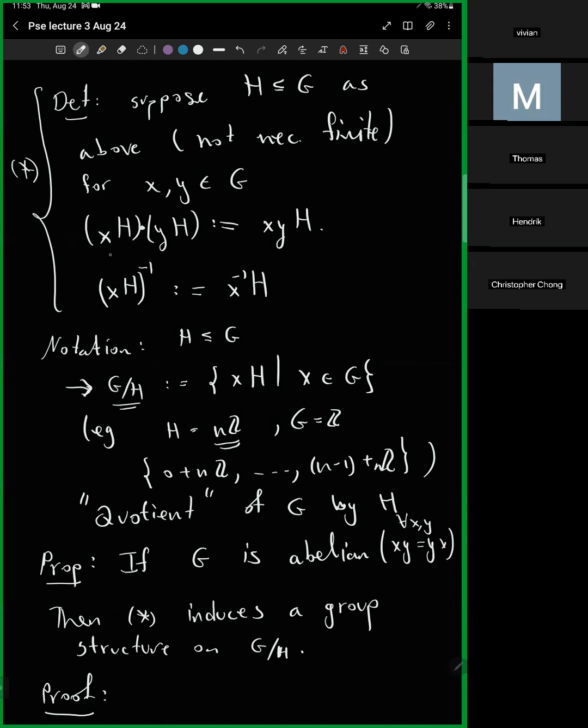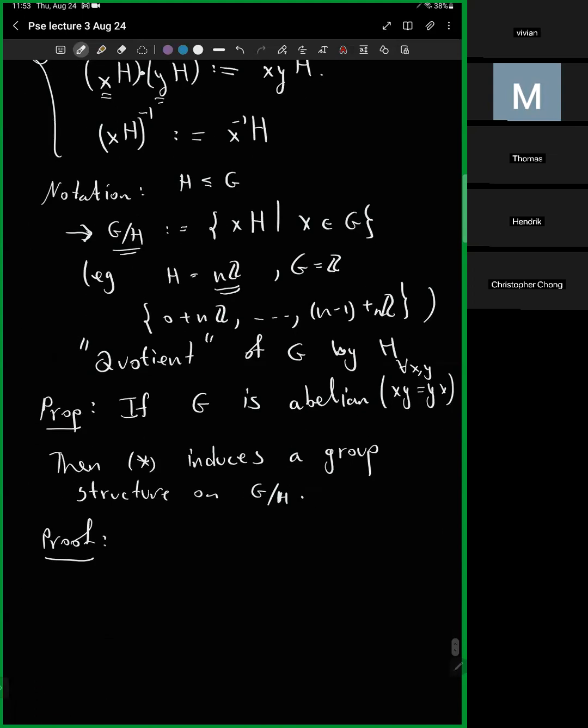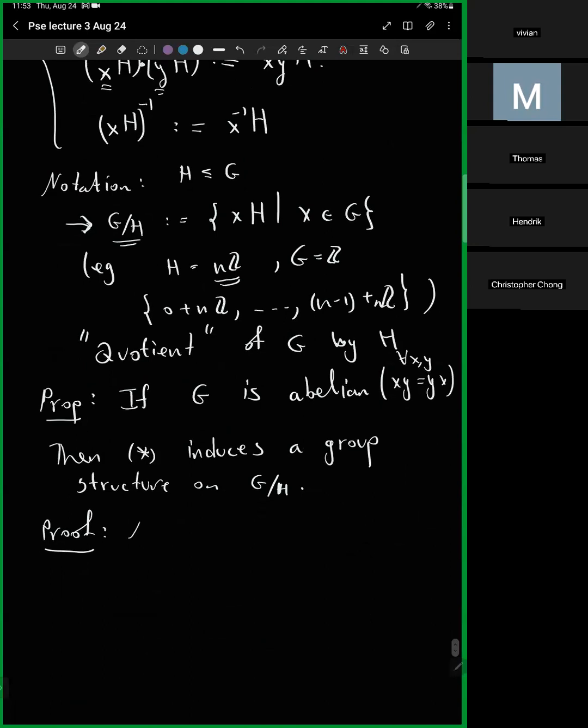Why? Because I took the representatives x and y and multiplied them. So we need to check that the binary operation on G mod H is well defined.